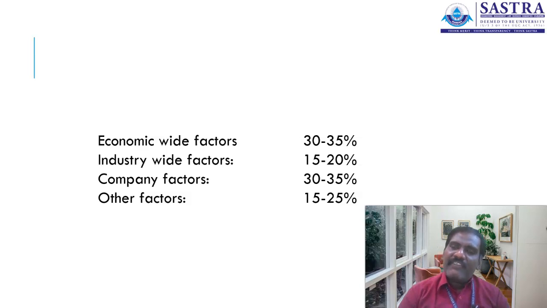Company-wide factors are at par with economic factors, with a high impact on price. Around 30 to 35 percent of market price is driven by company-specific factors like price earning ratio, dividend per share, retention policy of the firm, expansion, diversification, and solvency position of the company. Such factors can influence the price of the security by 30 to 35 percent.